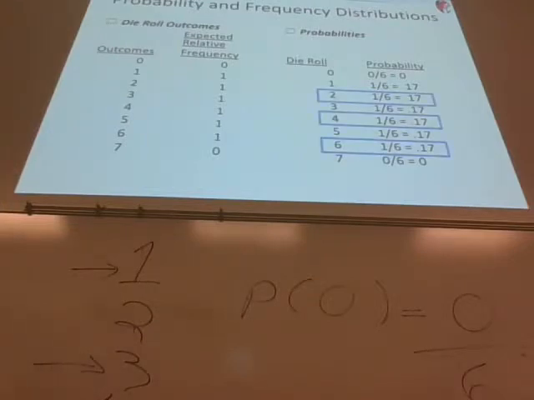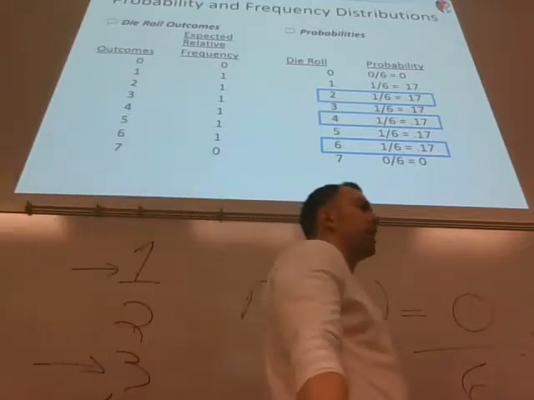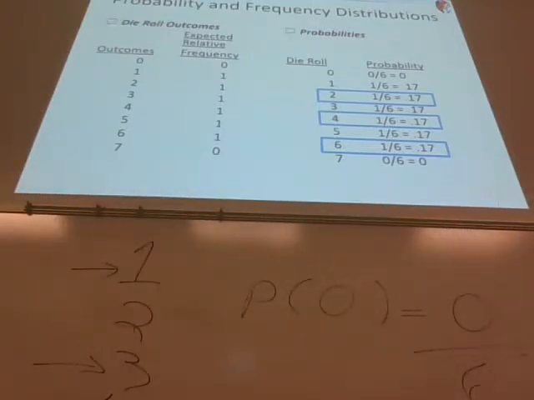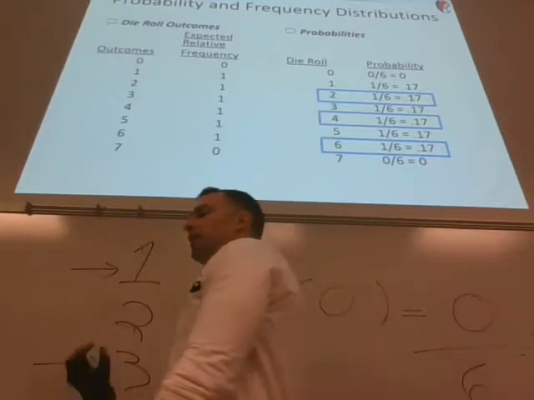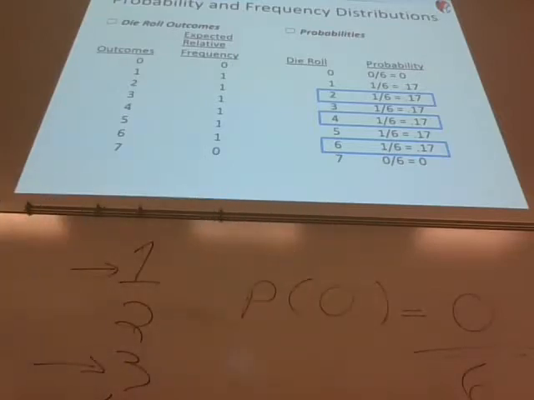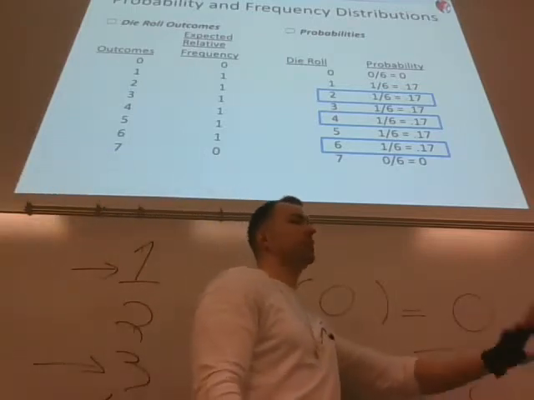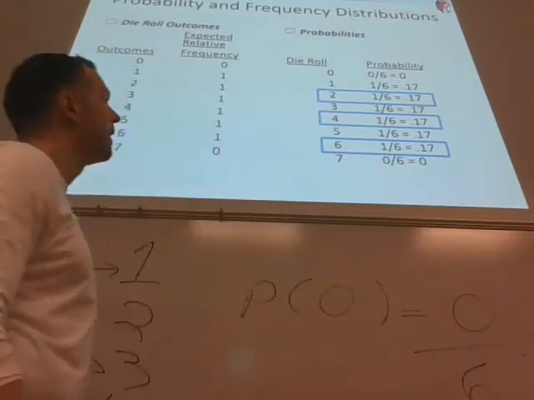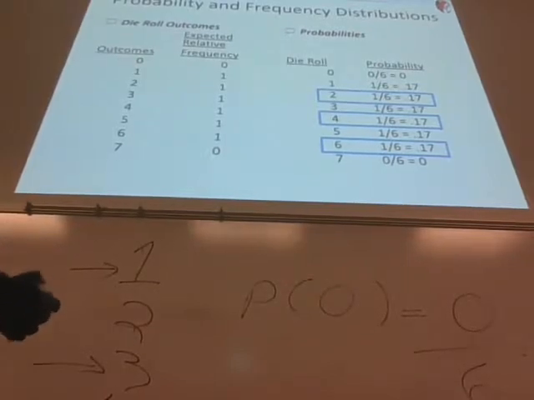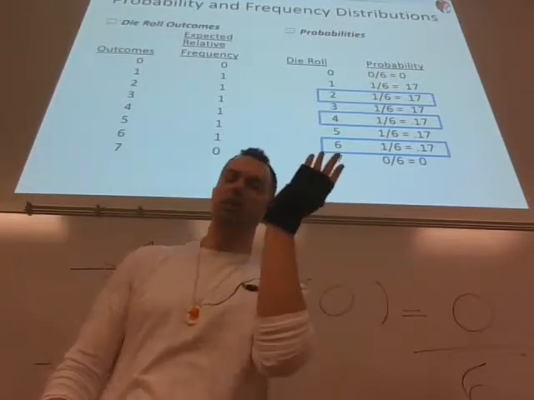So a 2, a 4, or a 6 will win you the game. But a 1, a 3, and a 5, you lose the game. So what is the probability that you're going to win the game? Now, in this case, it starts to get a little bit more complicated. If we didn't know about the successful outcomes divided by the total outcomes, we might look at this and say, all right, I know there's a 17% chance that I'm going to roll a 2.